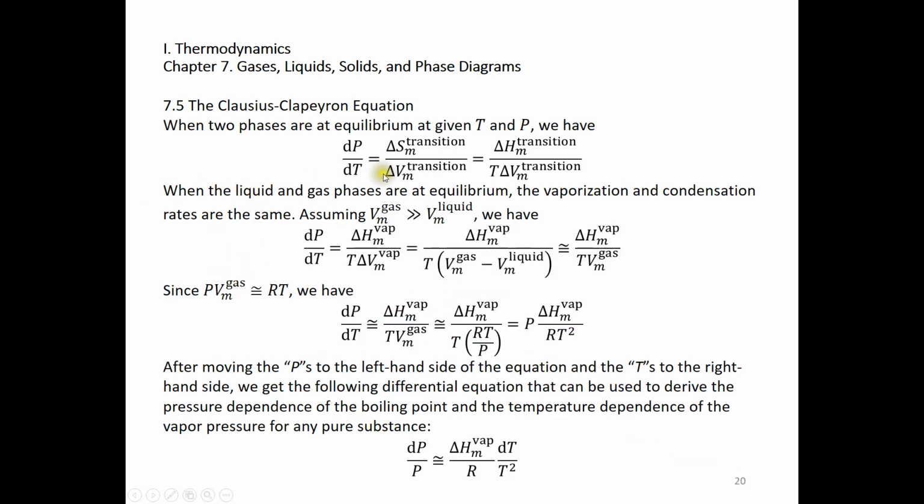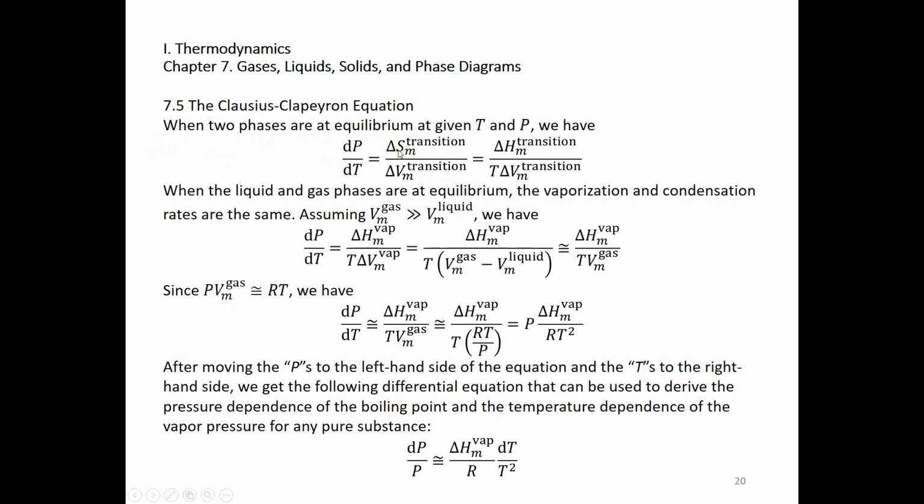When two phases are at equilibrium at given temperature and pressure, first we have this equation. dP over dT is equal to the change in molar entropy over the change in molar volume. How did we get this? Again, we were analyzing two data points on the same coexistence line.